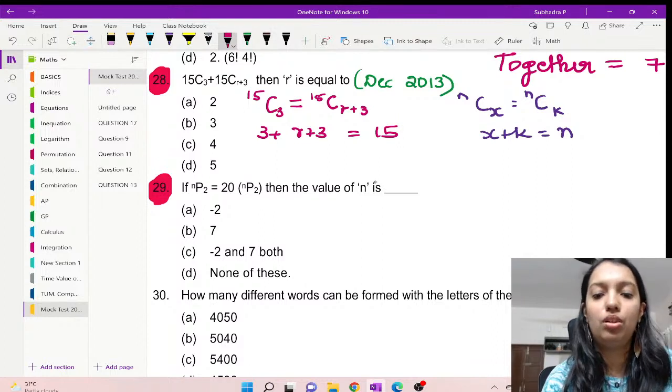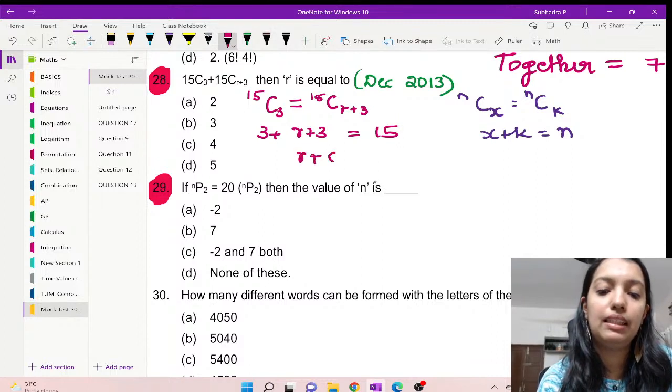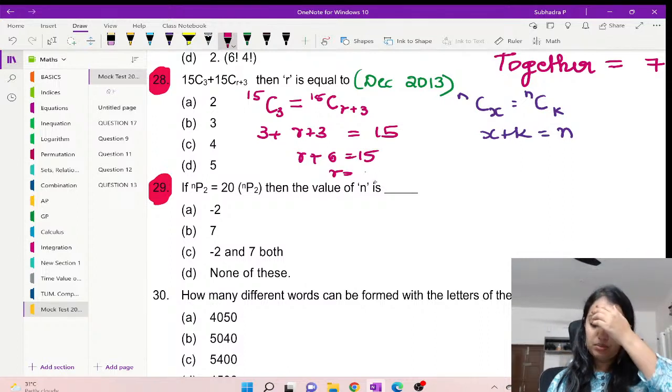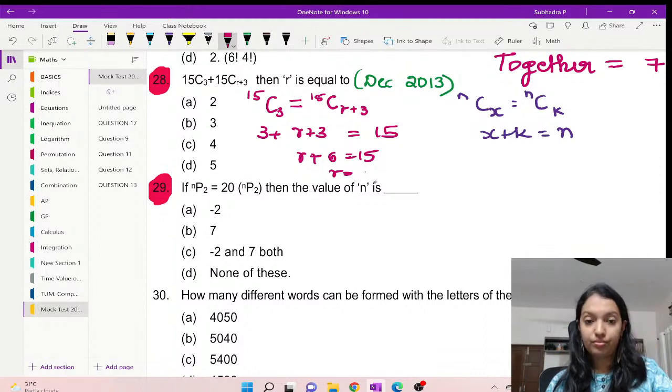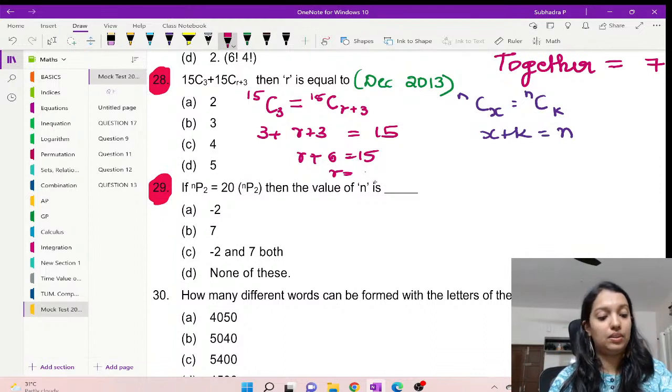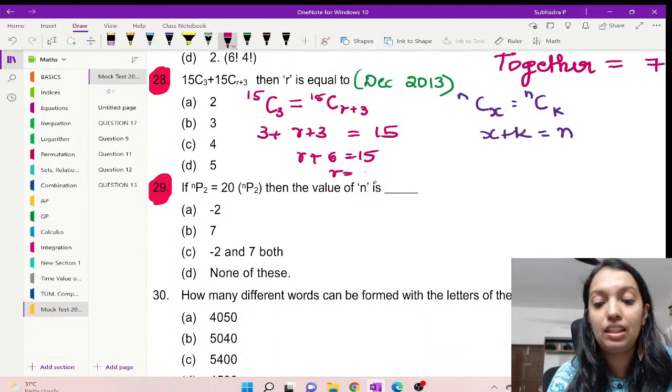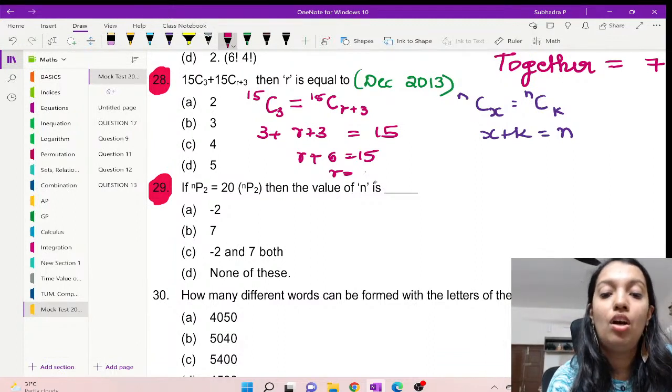So this is R plus 6 is 15. R value is 15 minus 6. What happened? What is wrong? This is the 28th question. Again we can't do it. I'm getting the answer as 9. We don't have that. What will we do?